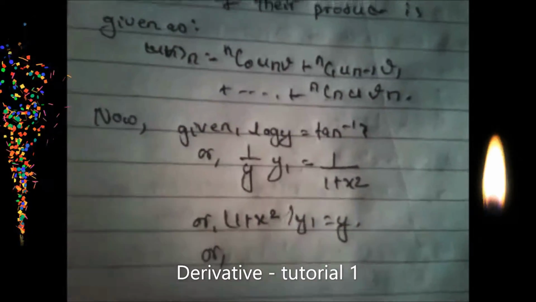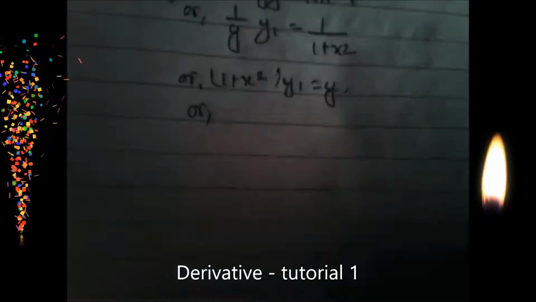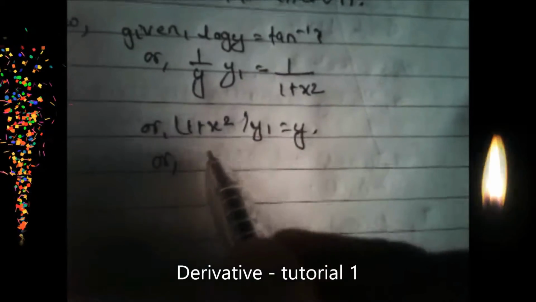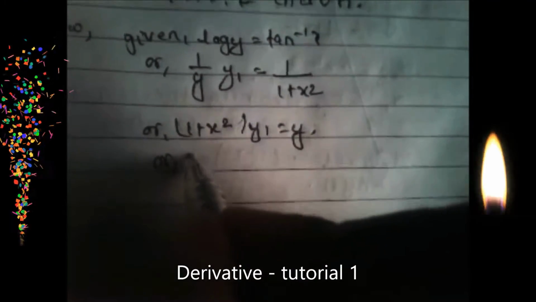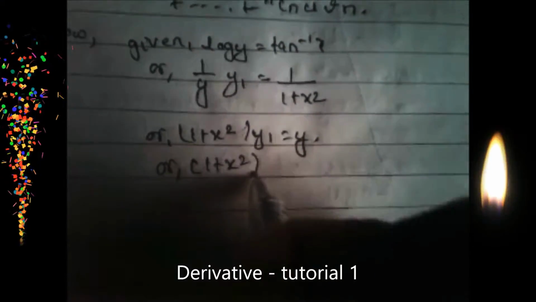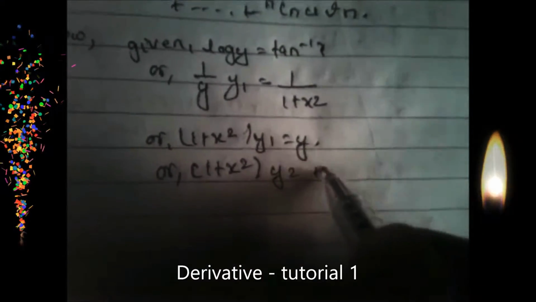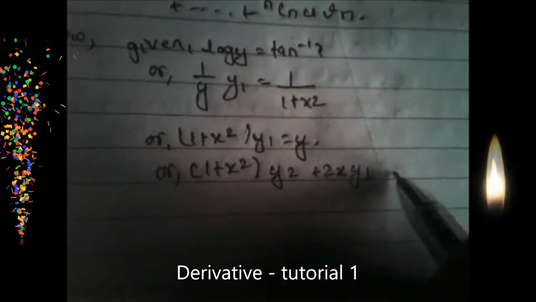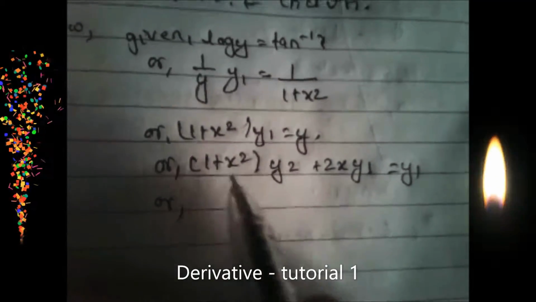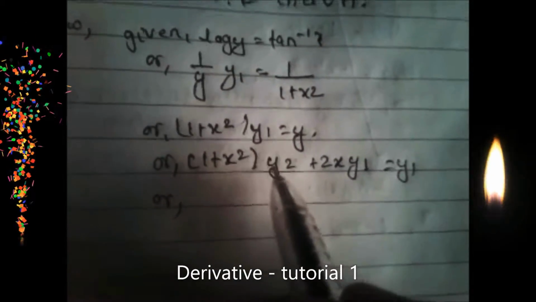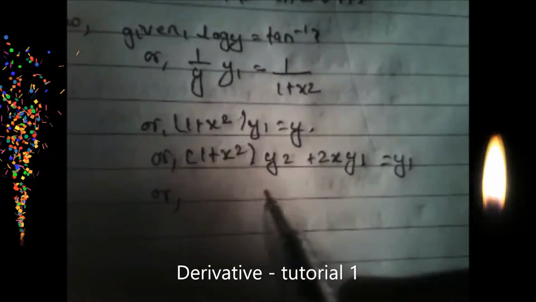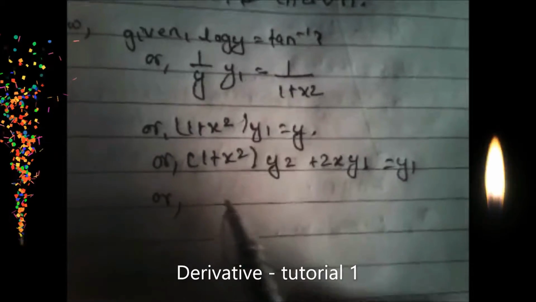Now we need y2 by the question, so we differentiate it again: (1 + x²) y2 + 2x y1 = y1. Something seems wrong here, but no, nothing is wrong. It is absolutely correct.